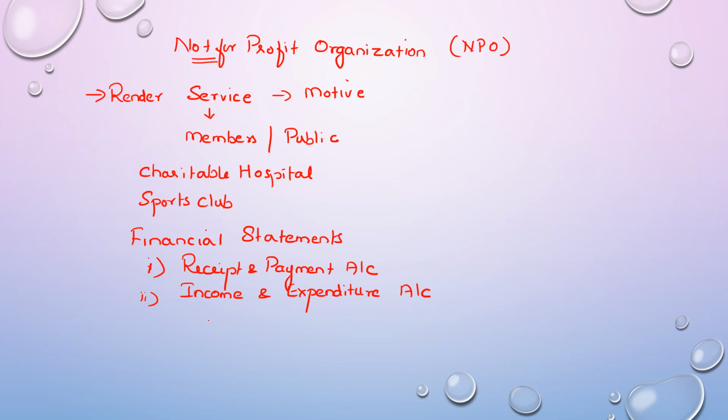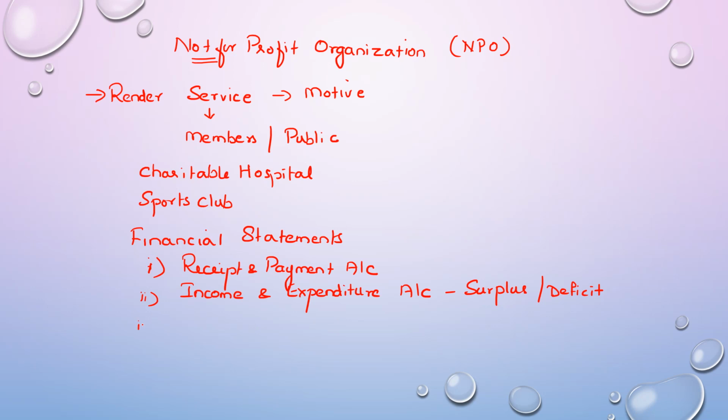So it is not to determine the profit earned or the loss incurred by the business but to find out the surplus, that is when the income exceeds the expenditure, or whether there is a deficit, that is where the expenditures exceed the income. So the ultimate aim of preparing this income and expenditure account is to ascertain the surplus or deficit of the not-for-profit organization for that year.